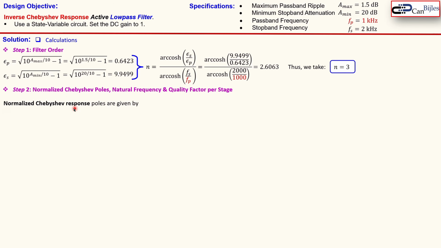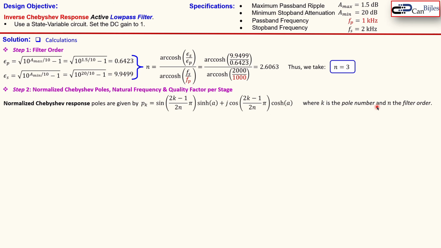We start with the normalized values, so the normalized Chebyshev response. Those are given by this expression. These are the poles. You see here the real part and the imaginary part. Again, I leave the details out, but this is how it is. You see the pole number K, and N is the filter order. In this case we need to go for N equals 3.